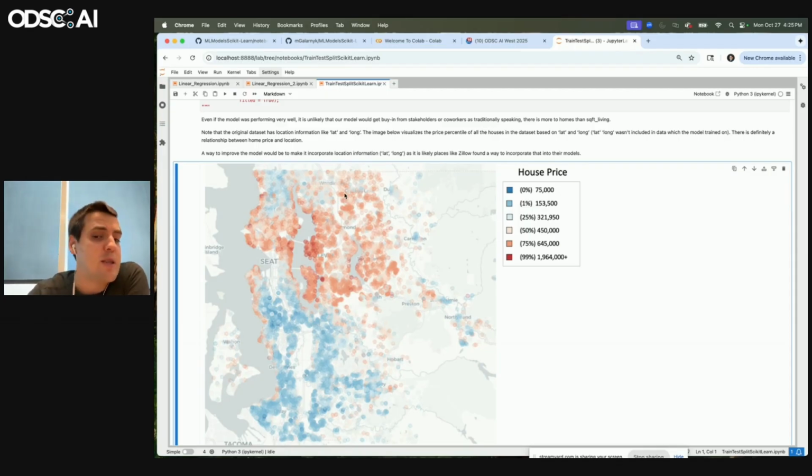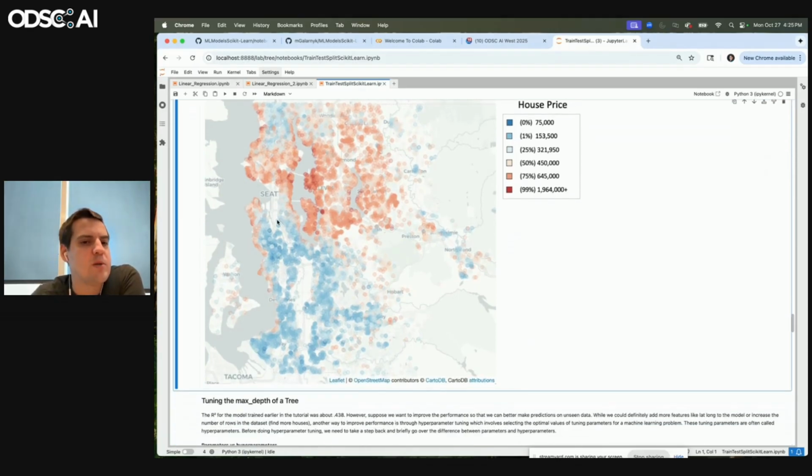And one thing I found is that the prices were a lot more expensive. And this is just visualizing the price based on latitude and longitude. So below a certain point, there's some sort of line here. You can have some sort of complicated line here. The prices are a lot cheaper versus downtown Seattle near Microsoft and Google.